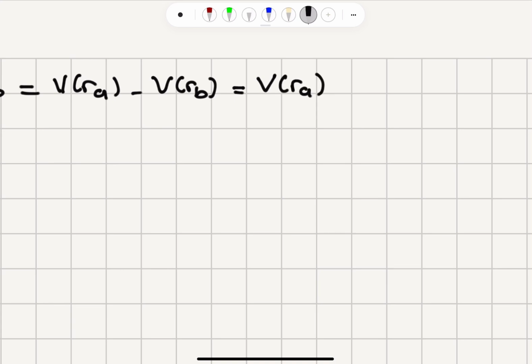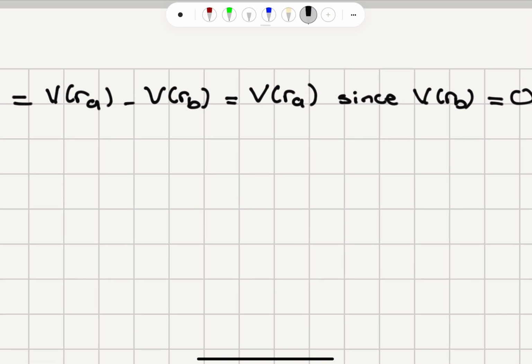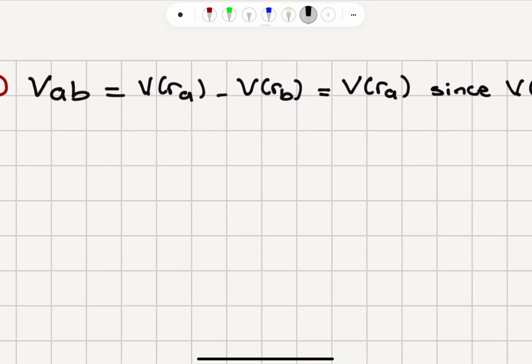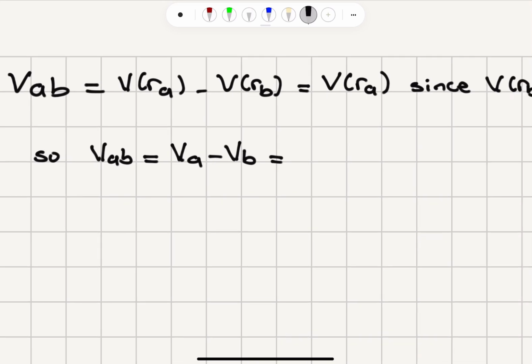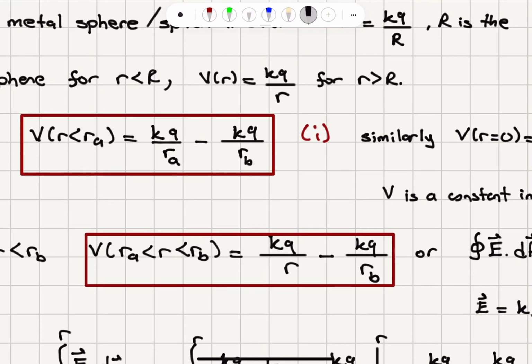Why? Because we have shown that the potential at R sub B must be equal to 0. It is kq over rb minus kq over rb. So I can write V_AB is equal to V_A minus V_B, potential at A minus potential at B, equals the potential at A. What is the potential at A?